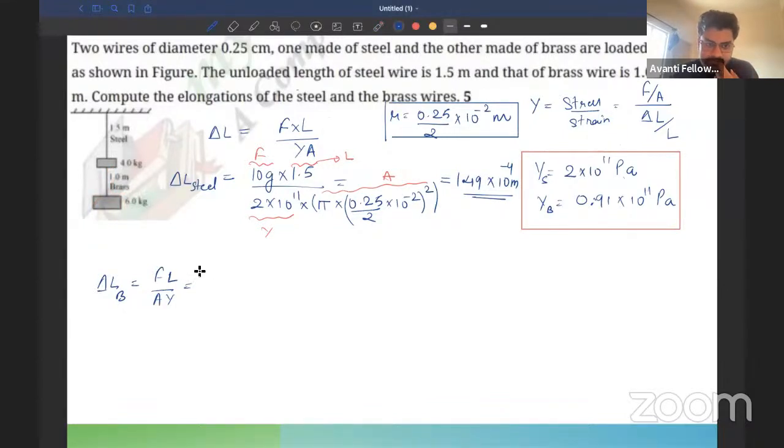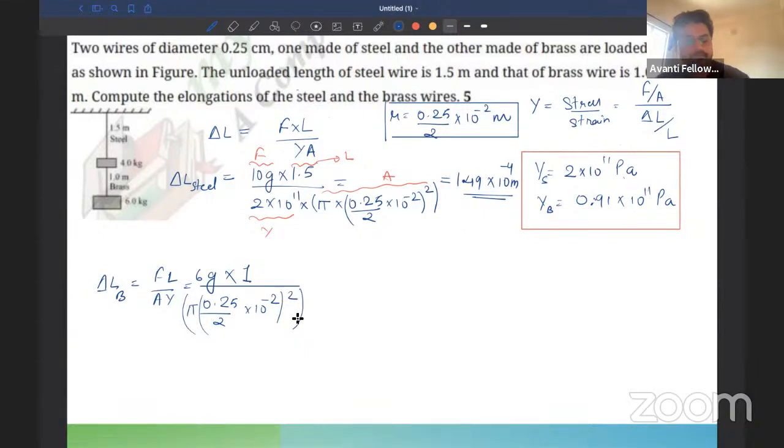So 6G into length of brass wire is 1 meters divided by, we have area. Area is again same area. See here, 2 wires of diameter 0.25 centimeter. So area is also same. So area फिर से लिख देंगे 0.25 by 2 into 10 to the power minus 2 का square, pi r square ना, so pi r square.